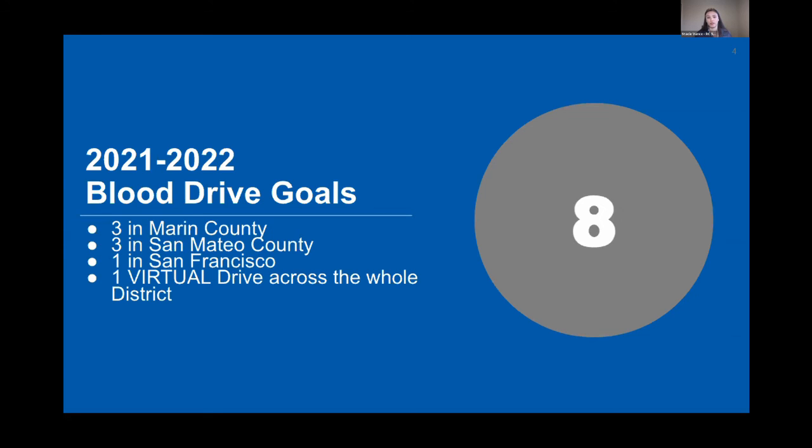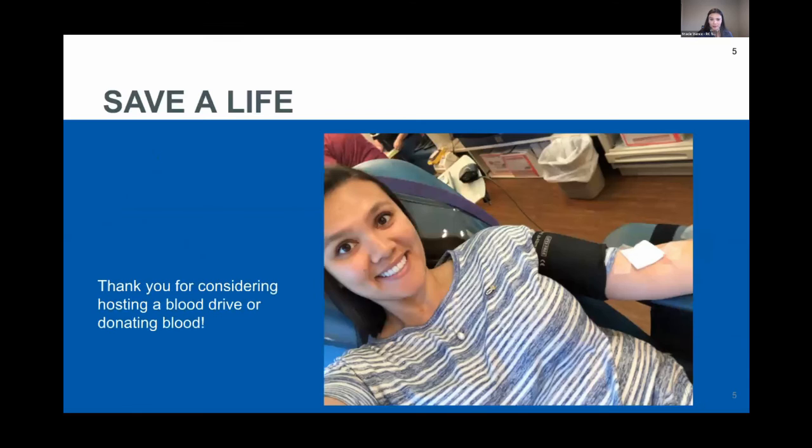Our hope is not only to make an impact and have those blood donations help our community, but also possibly to inspire any of you to take on hosting a drive in your community and working with maybe your local community partners. So I would just like to say thank you to all of you for considering this.